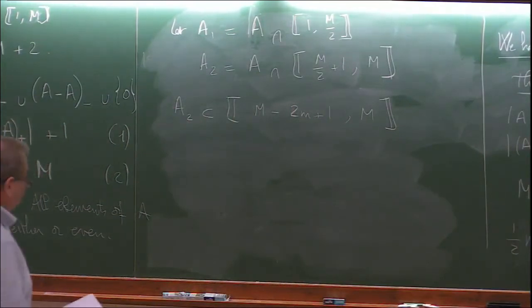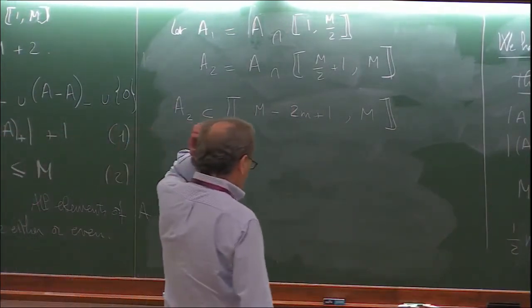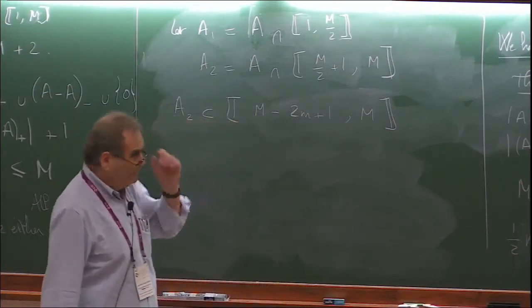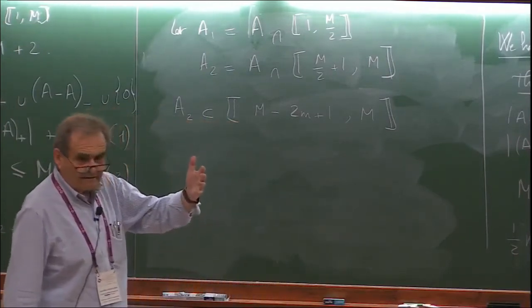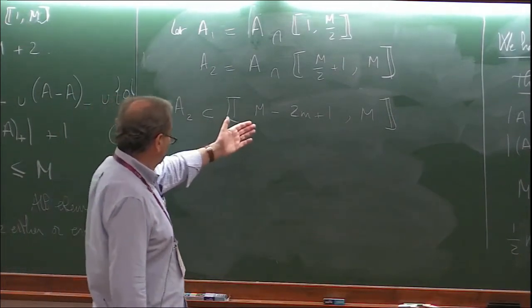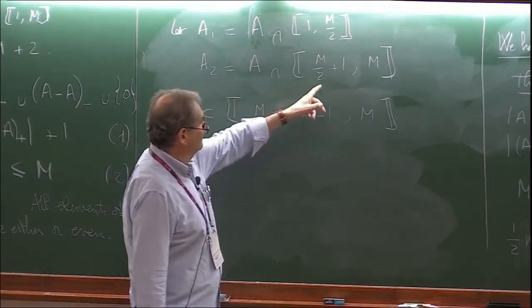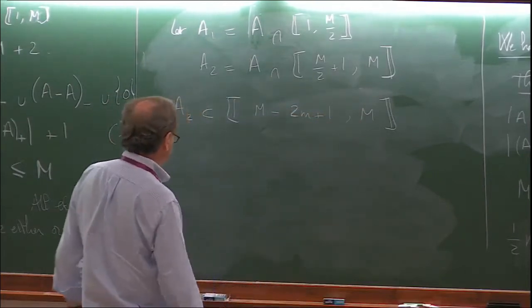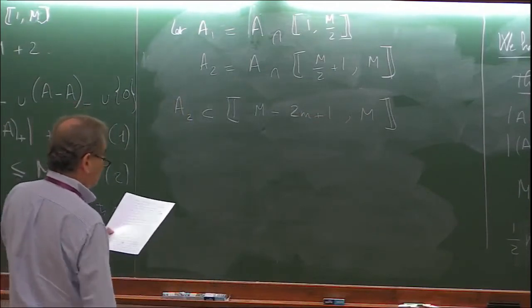But roughly speaking, you know what it is. M is larger than m over 4. So 2m is larger than m over 2. And so this set is larger than this one. Okay? So you have something which is definitely larger. Good.